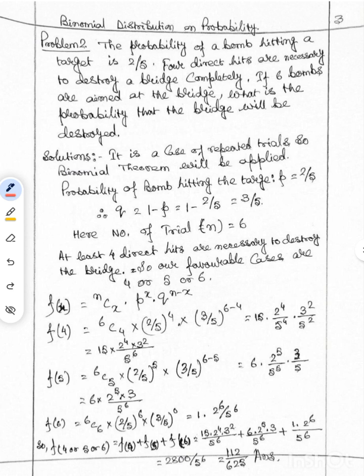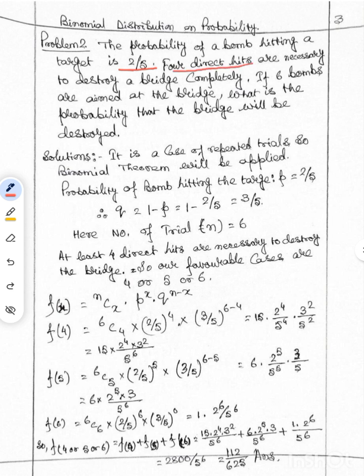This is my second problem. The probability of a bomb hitting a target is 2 by 5. 4 direct hits are necessary to destroy a bridge completely. If 6 bombs are aimed at the bridge, what is the probability that the bridge will be destroyed? So for a single trial, the probability is 2 by 5. 4 direct hits are necessary to destroy the bridge.